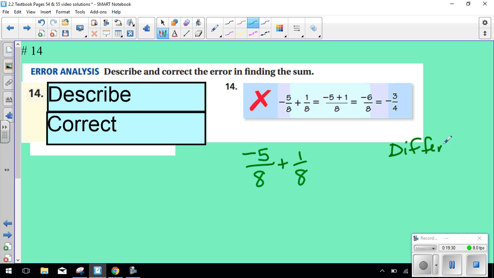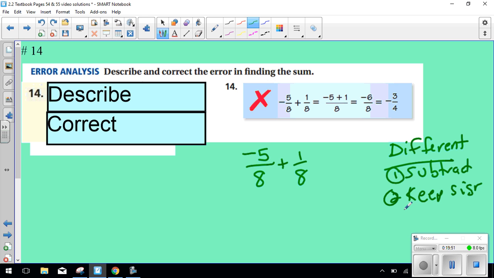So in addition, when the signs are different, you 1, subtract, and 2, you're going to keep the sign of the greater absolute value. I'm just going to write abs here for absolute.